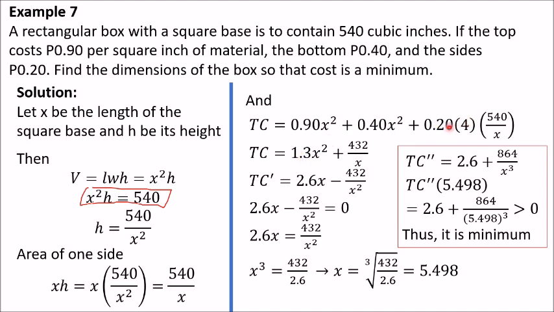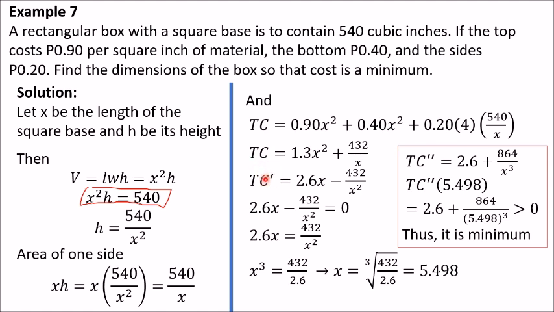And then simplify this, 0.20 times 4 times 540 is 432. Copy the denominator over x. Now, from here, ito na yung ating final equation for the total cost. So, we will get the derivative of this. Kasi kailangan natin makuha yan para malaman natin kung ano yung magiging value ng x na magbibigay sa kanya ng minimum value.